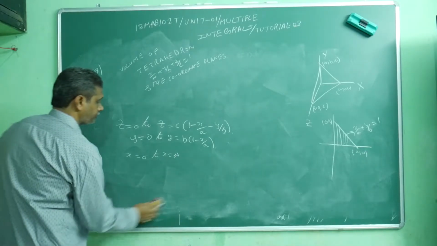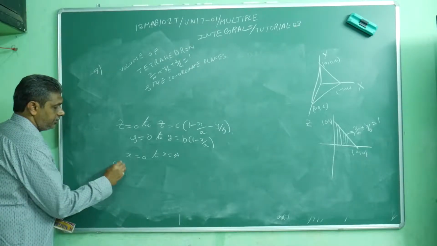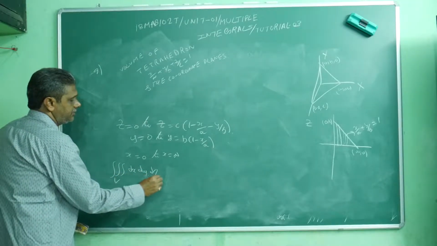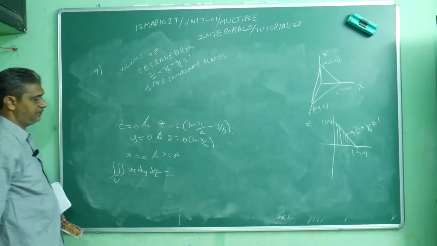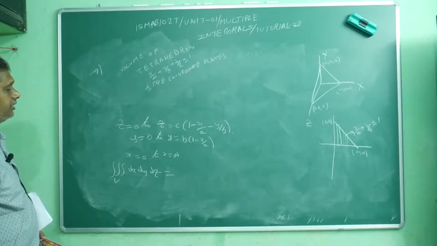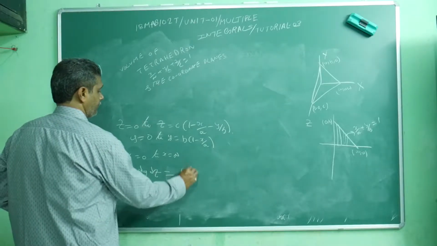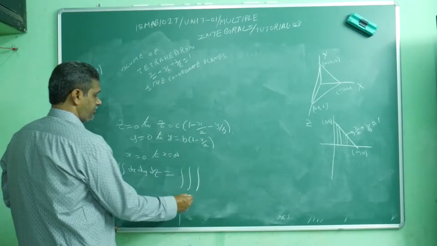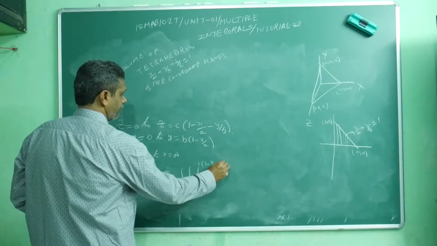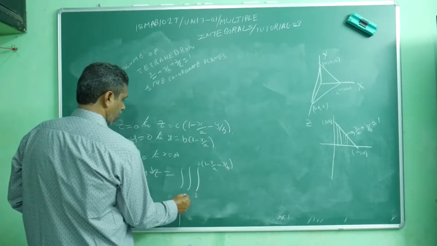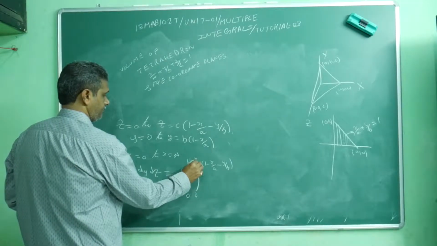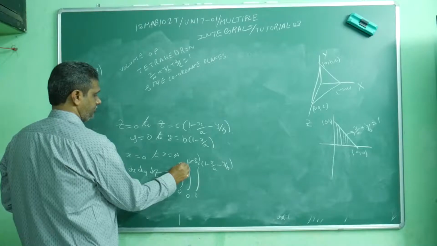We know the volume integral is the triple integral of dx dy dz. When you write the formula, you can write it either way; once you fix the limits, carefully write it down. My innermost limit is the z limit, 0 to c(1 - x/a - y/b), then the y limit, then the x limit.